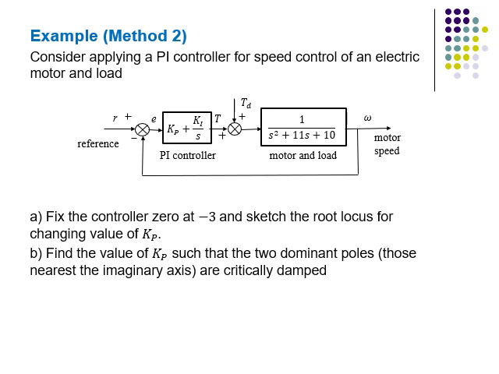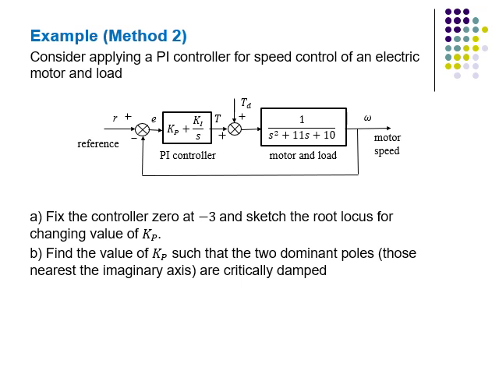The output here is the speed of the motor, omega, and the input is the torque. There are two components to the torque, one which comes from the controller and another component which is external disturbance.